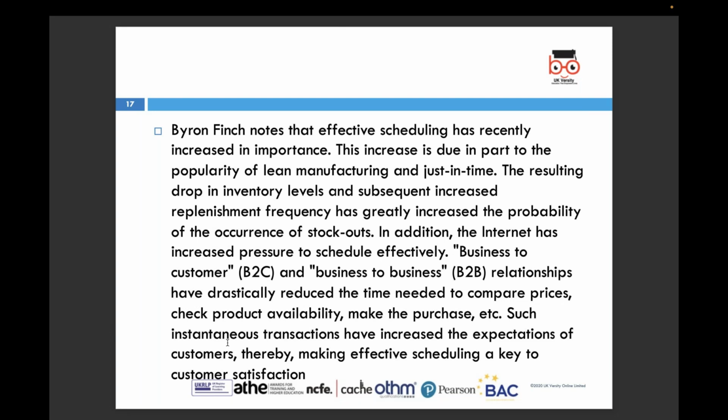These approaches focus on minimizing waste and optimizing efficiency by reducing inventory levels and adopting a just-in-time replenishment strategy. While these practices have their advantages, they have also introduced new challenges. Such challenges include the increased probability of stock outs with lower inventory levels, and the margin for error becomes smaller, making effective scheduling all the more crucial.